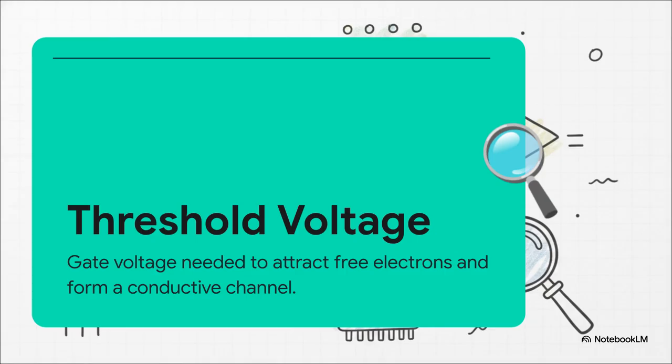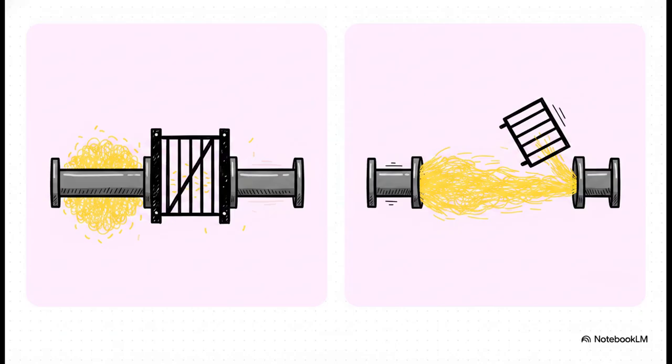We have to push that gate voltage up until it hits what we call the threshold voltage, which is often around 0.3 volts in modern technology. The threshold voltage is the exact point where we finally attract enough free electrons to form that conductive channel. Below this point, nothing. Above it, we have conduction. And this brilliantly illustrates how the device reacts depending on which valve you turn.